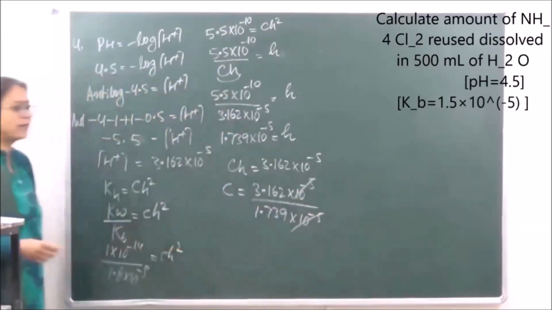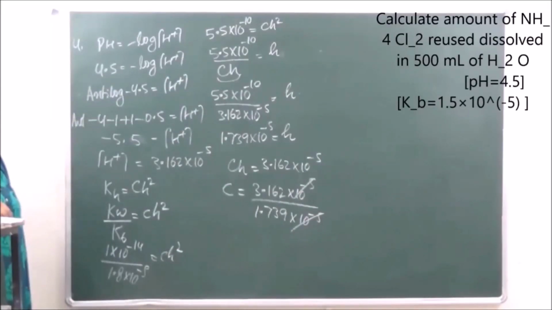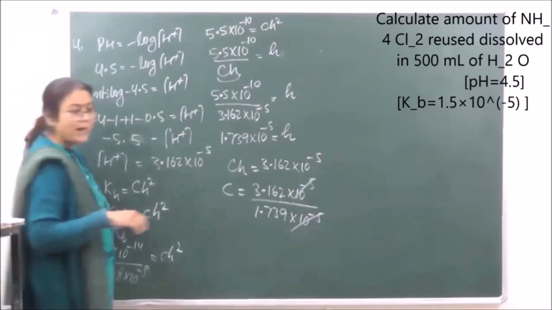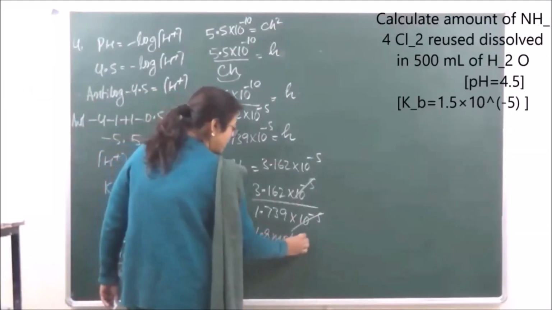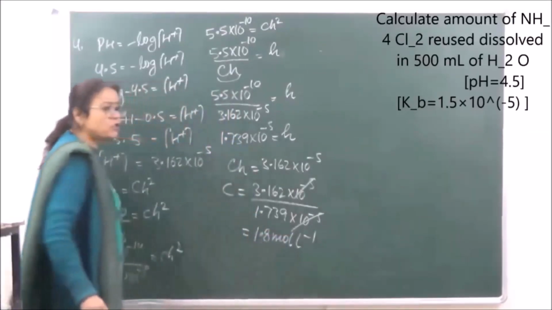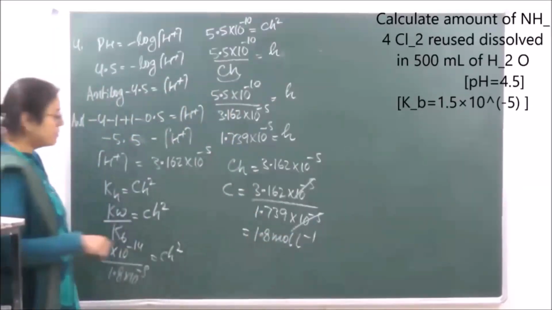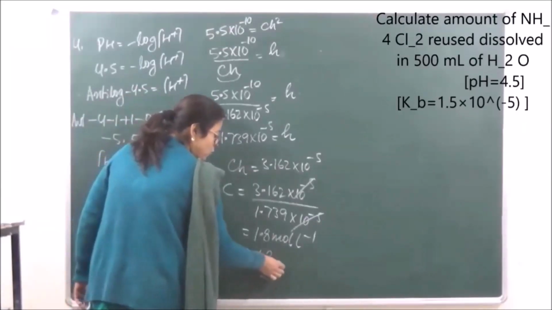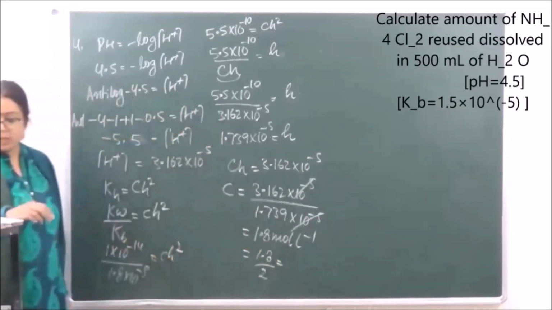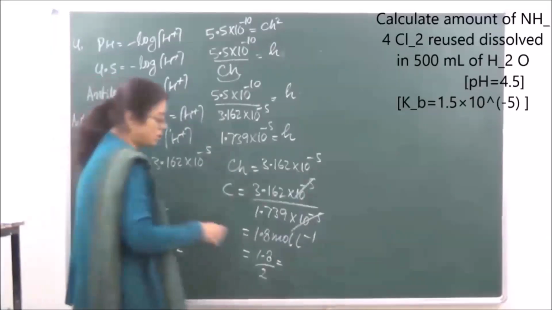So these two cancel out. Okay, so this will come to approximately 1.8 moles per liter. But we have to find the concentration in 500 ml. So what will the concentration in 500 ml be? 1.8 divided by 2 comes to 0.9 mole.